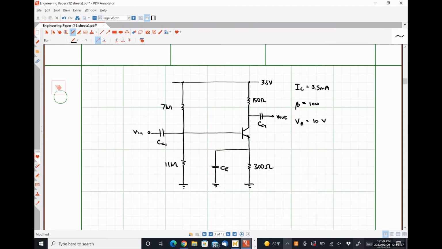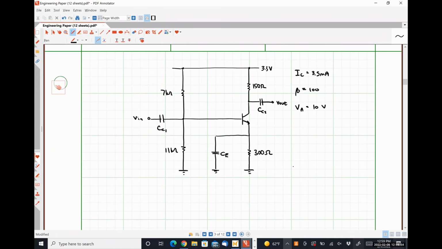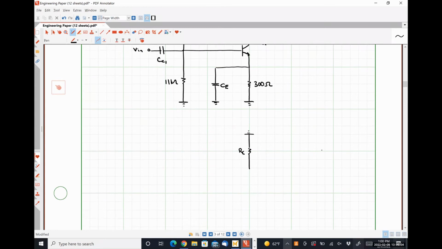All right. How can we simplify this model? Okay. So the simplification always involves turning our DC voltage sources off, so setting our power supply to AC ground, and shorting out all of our capacitors. So if we short circuit our capacitors and set VCC to be ground, what this looks like is a collector resistance.